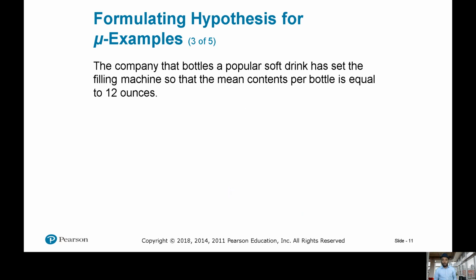Let's look at one more example because I think you guys are getting to understand this whole concept. So the company that bottles a popular soft drink has set the filling machine so that the mean contents per bottle is equal to 12 ounces. So what we're saying here is that our claim is that mu is equals to 12. And that means our opposite is mu is not equals to 12.